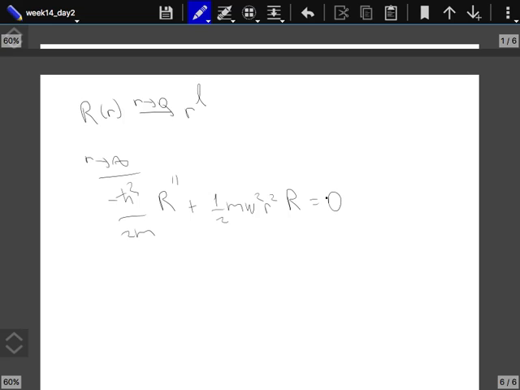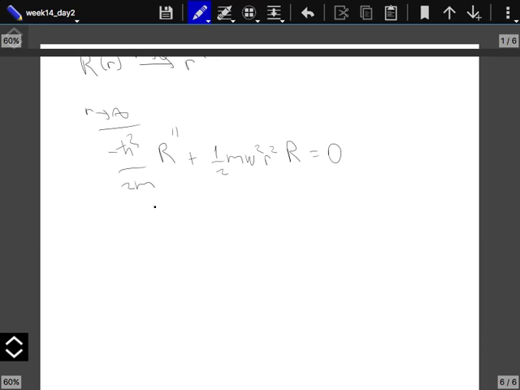This should be equal to 0 close to infinity. Or let's see, R double prime plus, well, the 2's we can cancel, (m omega over h bar) squared, r squared times capital R should be equal to 0.